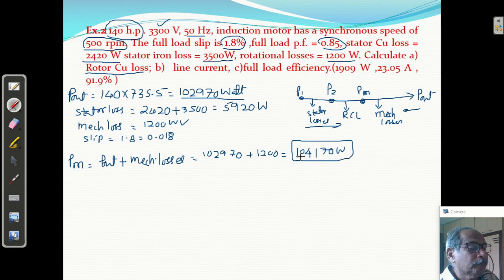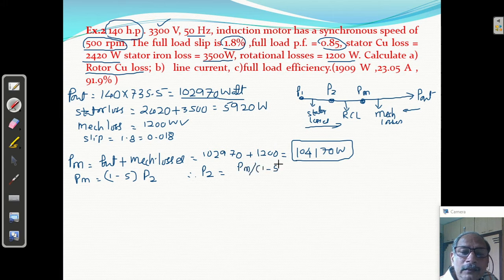Once we know PM, we know the formula PM equal to 1 minus slip into P2. PM equal to 1 minus S into rotor input. So from here we can calculate the P2, rotor input. P2 equal to PM upon 1 minus S. PM is known, 104,170 divided by 1 minus 0.018.